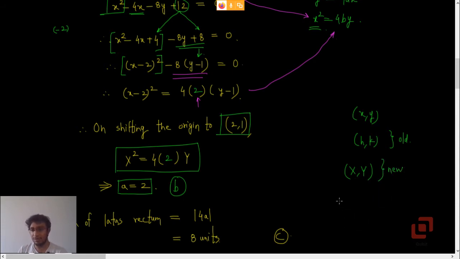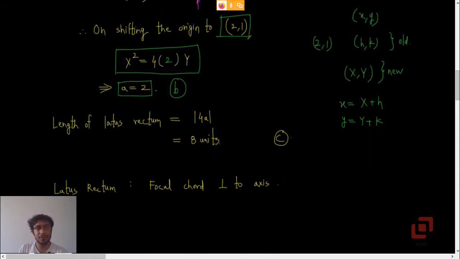Then following relations are true: x equals capital X plus h, y equals capital Y plus k. In our case, h and k are 2 and 1 respectively. So if we do that, then X squared will be equal to 8Y, but in this case X and Y are uppercase X and Y. So once we get the value of a, then we can use the ready-made formula for the length of latus rectum, that is modulus of 4a or modulus of 4b, or 8 units.